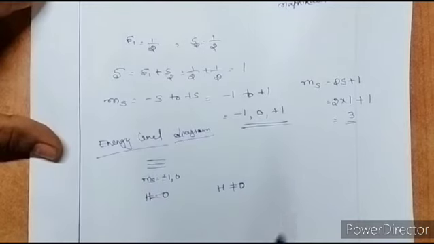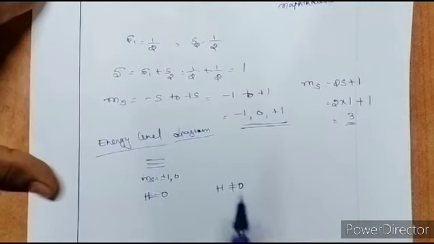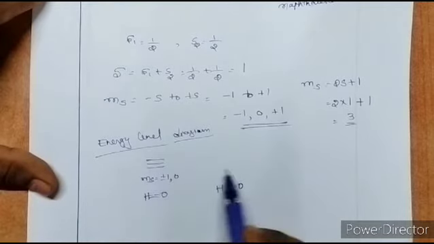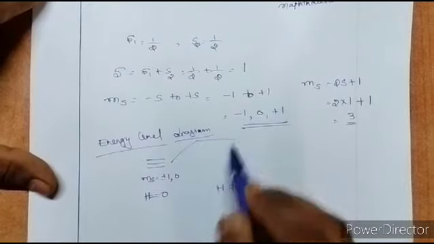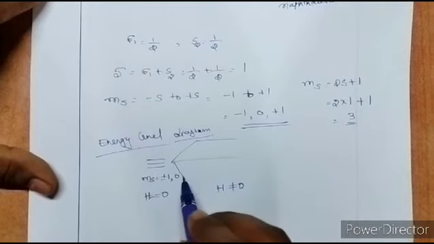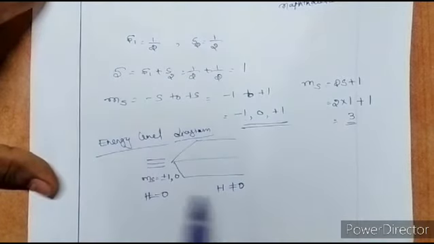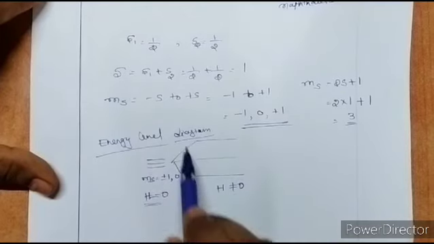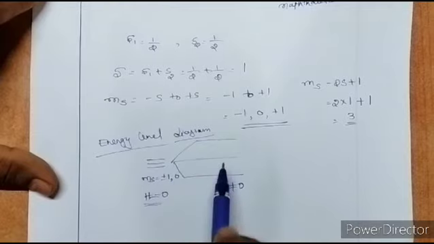We already studied that in the presence of a magnetic field, the ms level will split into 3 levels, like this. Initially it was degenerate in the absence of a magnetic field, but once you apply the magnetic field, all 3 levels will have different energy.